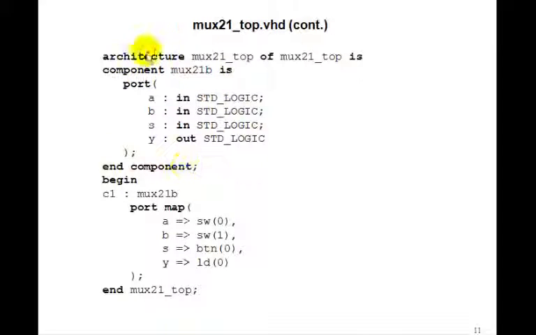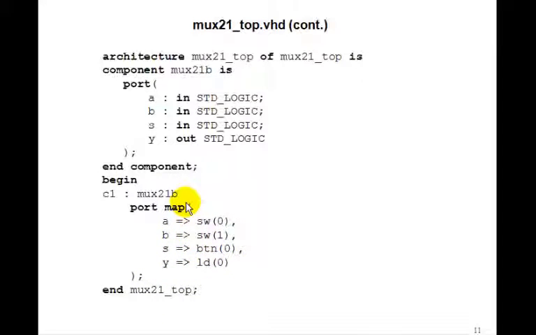So this is the component declaration as usual between architecture and begin. Our component declaration, A, B, S is in, Y is out. And then we use the port map to connect A to switch 0, B to switch 1, S to button 0, and Y to LD 0.